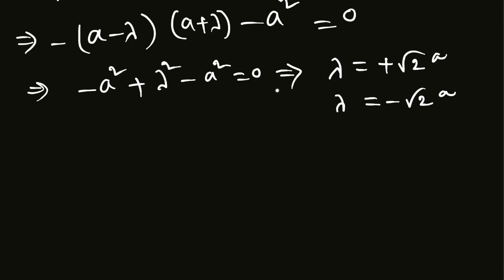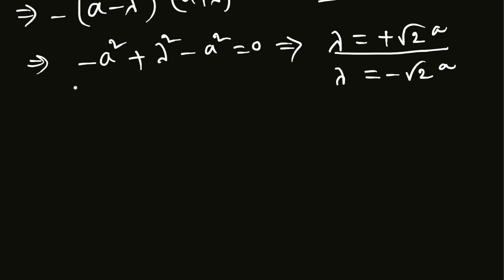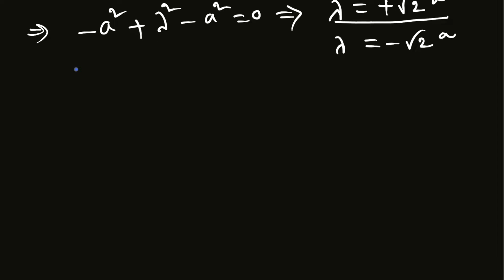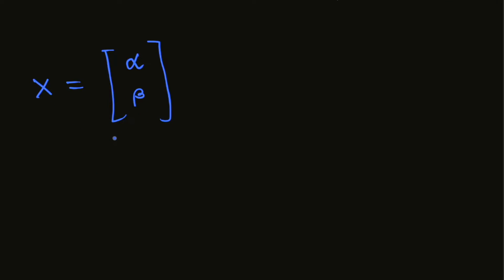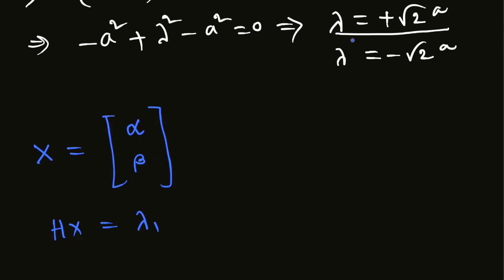Now let us check the eigenvectors corresponding to these eigenvalues. Let us assume that the eigenvector x is equal to (alpha, beta). If we operate H on x, we get lambda times (alpha, beta).